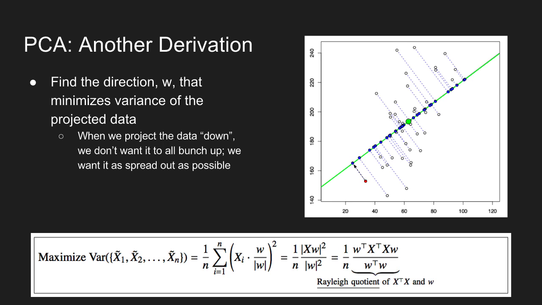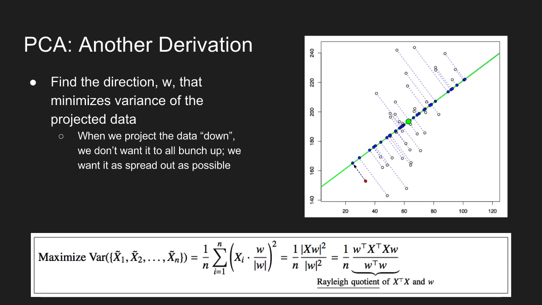And you might recognize this as a Rayleigh quotient. If you know anything about Rayleigh quotients, you know that the maximum eigenvector of x transpose x will maximize this expression, which confirms our previous beliefs that the maximum eigenvalue, its corresponding eigenvector, will be our best low-dimensional representation.